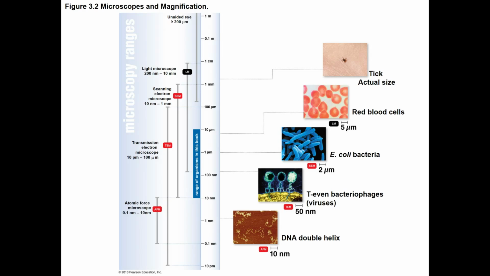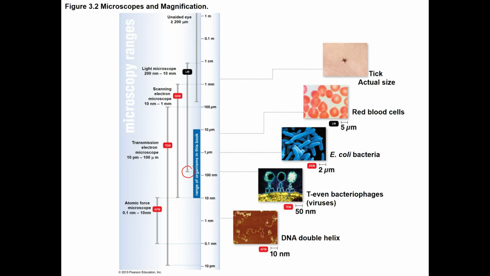So beyond 0.2 millimeters, you need some kind of light microscope. Light microscopes allow you to visualize small eukaryotic samples, human cells, even bacteria. But light microscopes have limits as well. They are good to just over 100 nanometers.